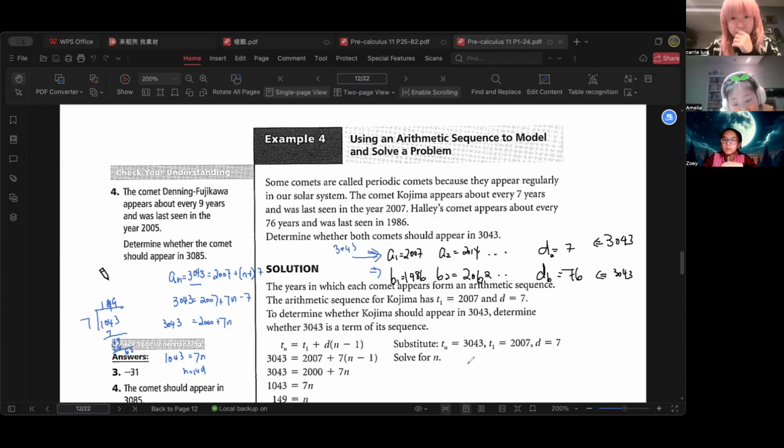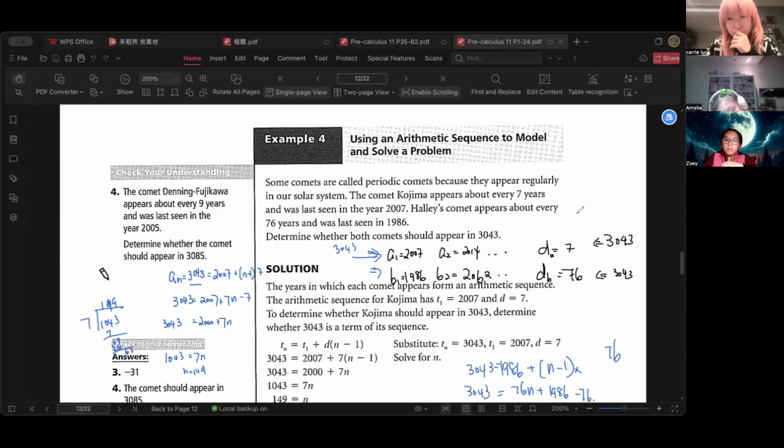So let's take a look at the B sequence. So 3043 still equals 1986, which is B1, plus n minus 1 times what? 76, because for this question, the difference is 76. So it is 76n plus 1986 minus 76 equals 3043.